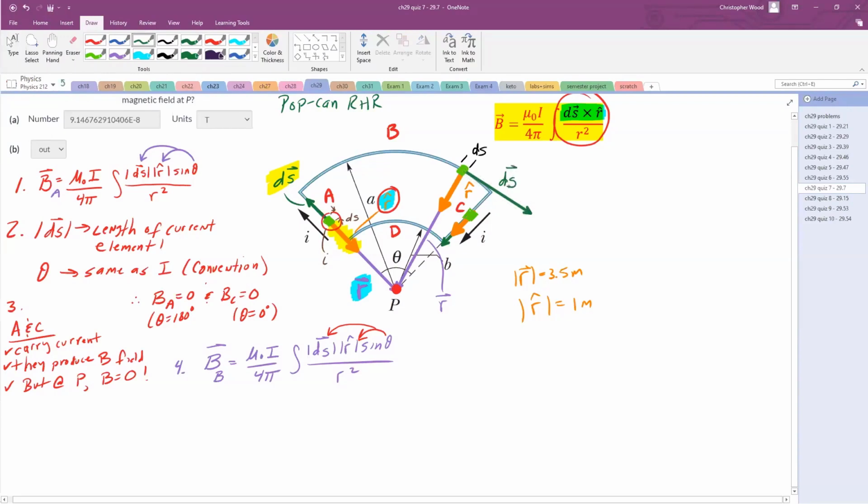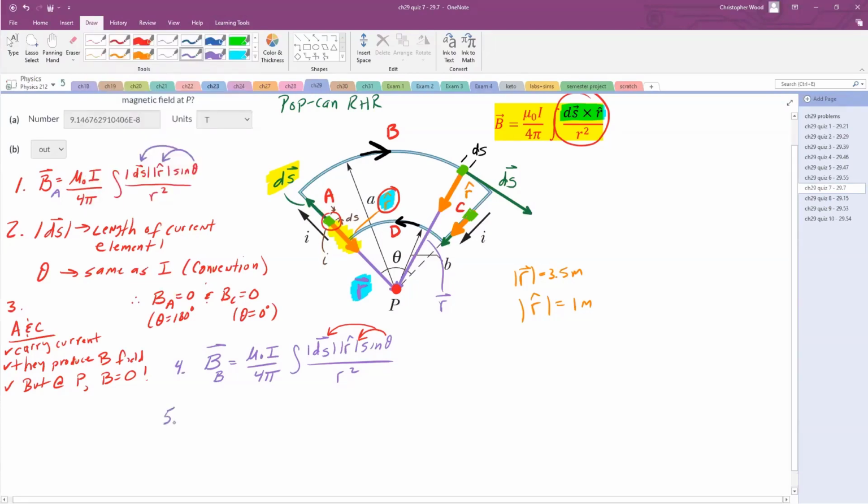How did I know to draw that in the direction that I drew it? Because it follows the direction of the current. If my current's flowing this way in segments A and C, it's flowing this way in segment B, and this way in segment D. So that's how I'm getting that ds vector. Okay, so now let's go back to B.